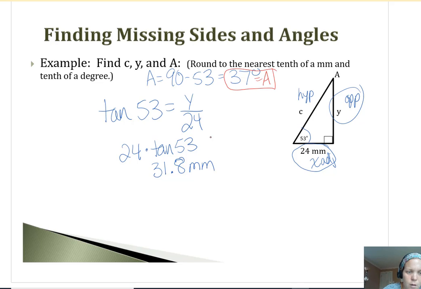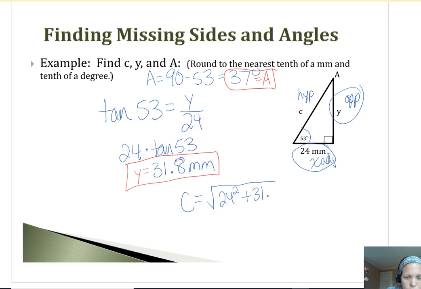That's done. I have my side Y. Now I just have to find side C. I could use one of my trig functions, maybe adjacent over hypotenuse, use cosine. But if I know two of the sides now and I want the third side, I could go back to the Pythagorean theorem, which would be an add situation: A squared plus B squared, or X squared plus Y squared. 24 squared plus 31.8 squared, and then the square root of that.